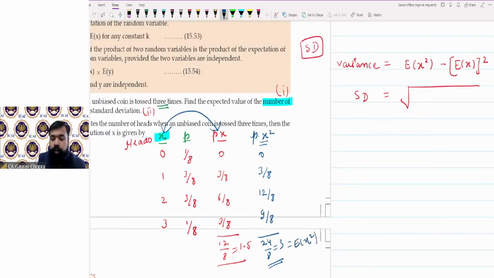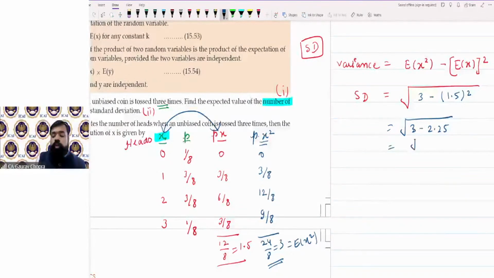So we can apply the formula: 3 minus, what is E of x? Expected value of x is 1.5, and then whole square. So we are getting 3 minus 2.25.